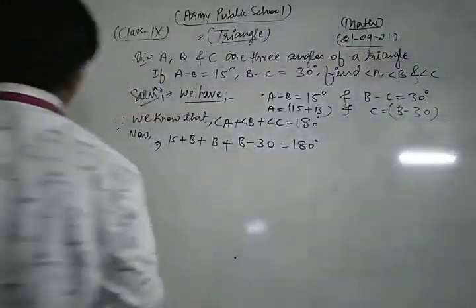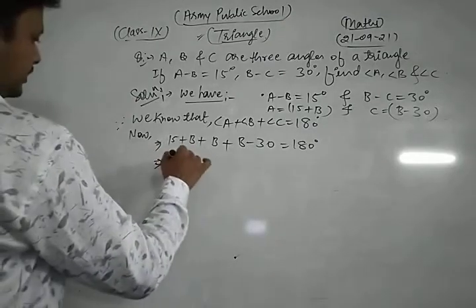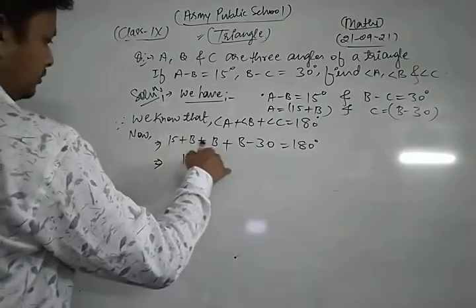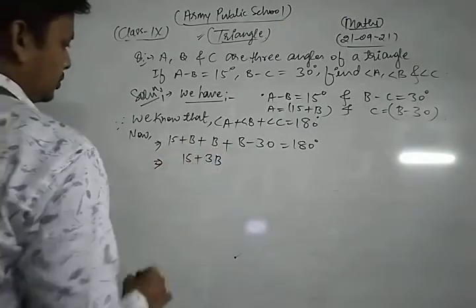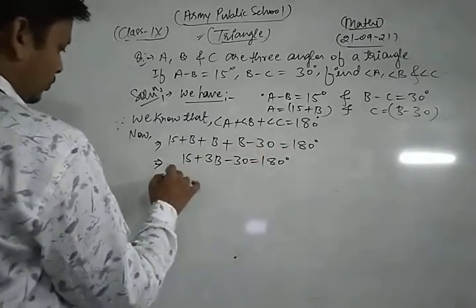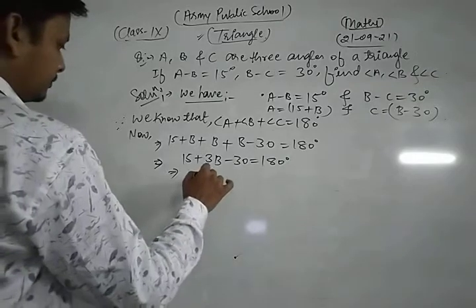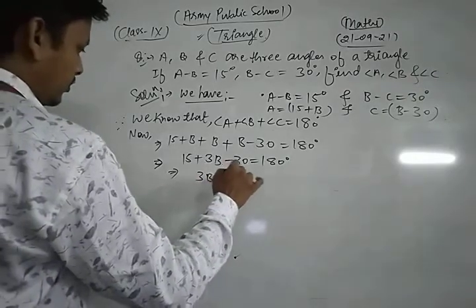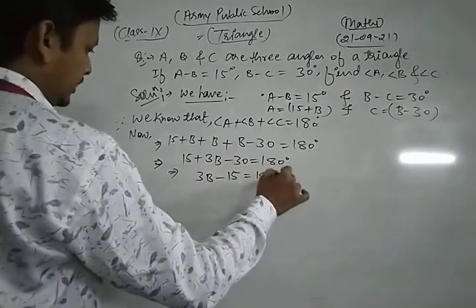So look, 15 plus B plus B plus B minus 30 is equal to 180 degrees. So 3B minus 15 is equal to 180.